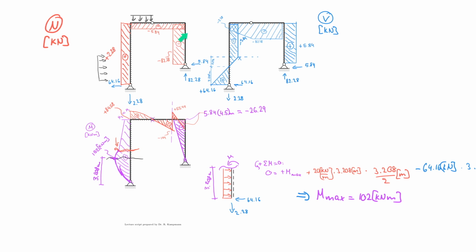So you see whatever is vertical here carries over to the shear force in the top member. And the same is true here. 5.84 at this corner for the vertical member is reflected here in the horizontal member. 2.28 is reflected right here. And so that's a way you can check your logic there.